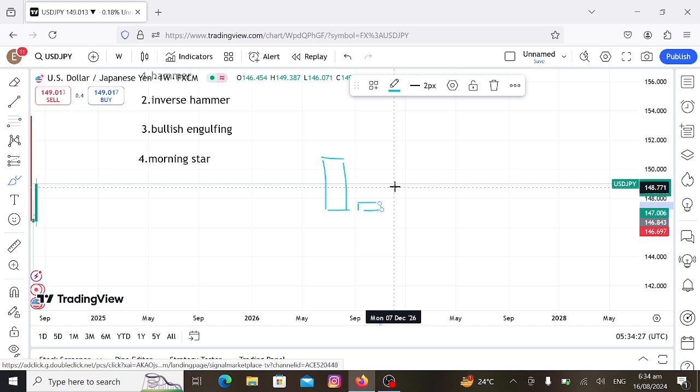Then you see a long bull again, a long bull. Let's see a big bull.